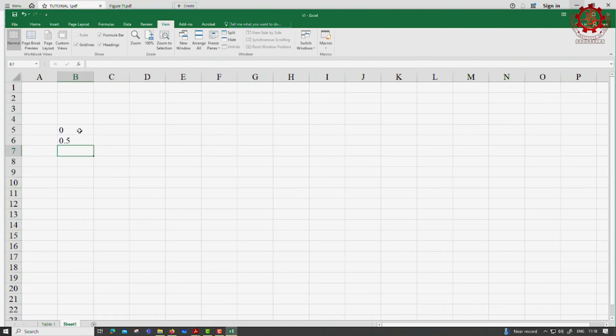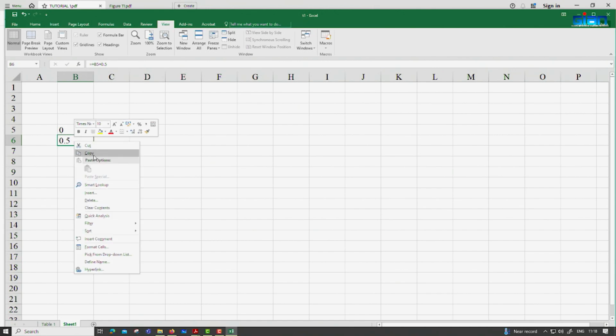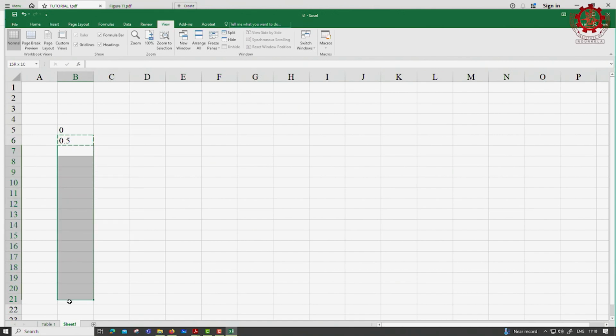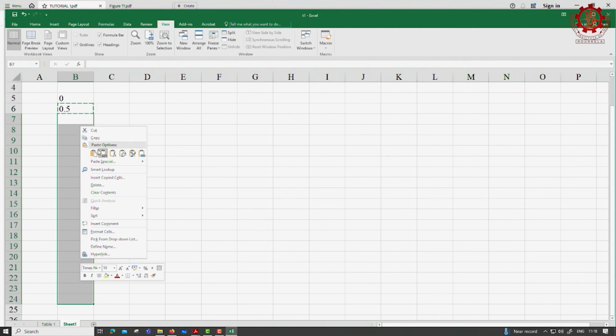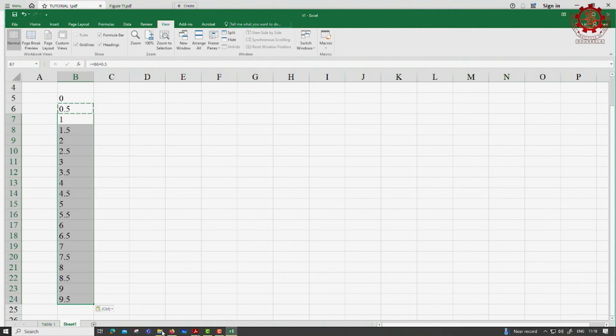Okay, right. So, I selected, you can select any point, does not matter. So, the first class interval I have selected as 0.5, right. I will copy and go up to about 10. One more. Okay.